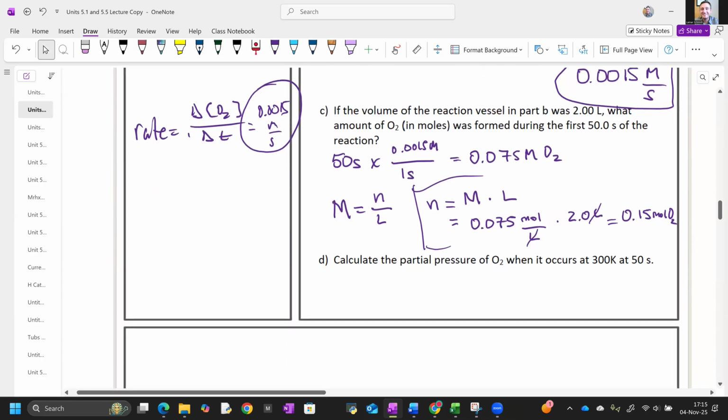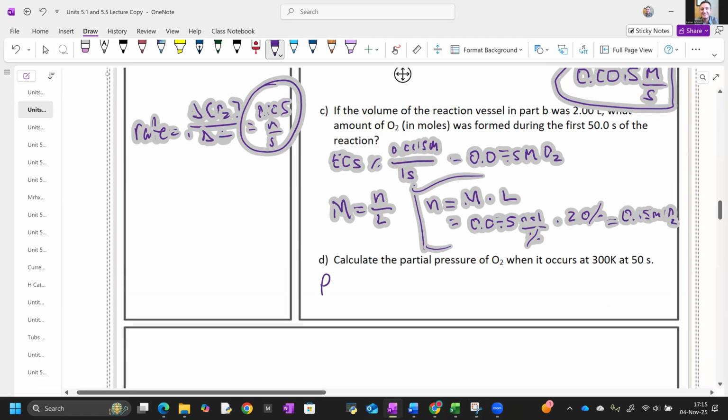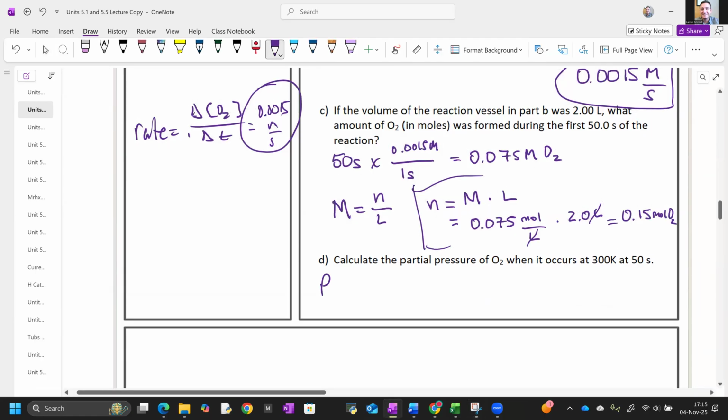And this one I just added in here for funsies. We're looking at the partial pressure of O2 when it occurs at 300K at 50 seconds. And so what we look at there is we find the partial pressure of O2 is going to be equal to nRT over V. We now know the moles of O2 is 0.15 moles.